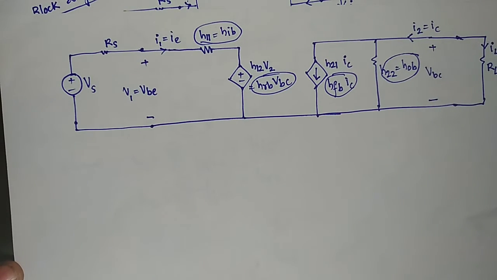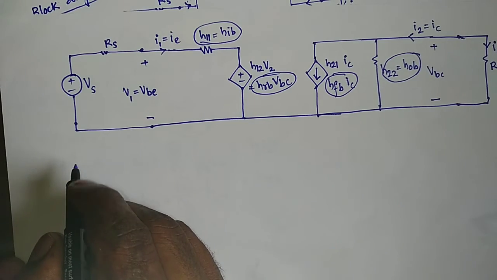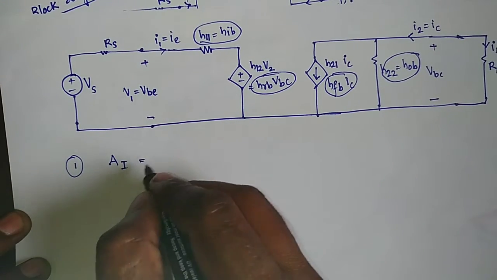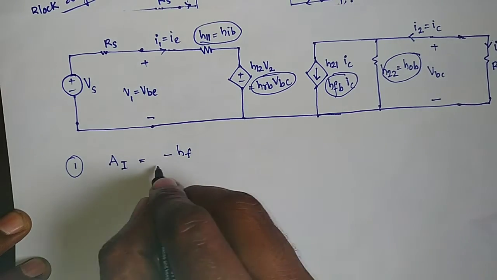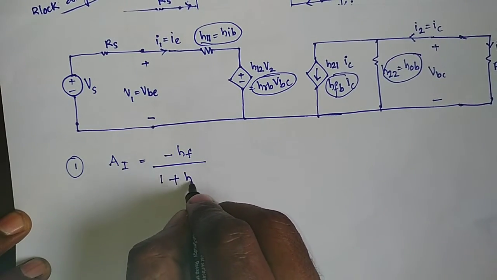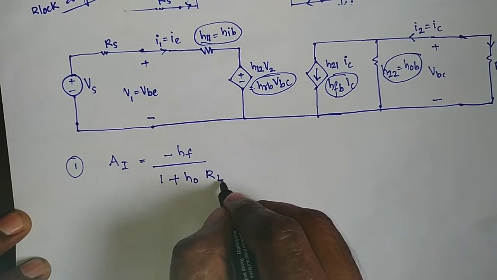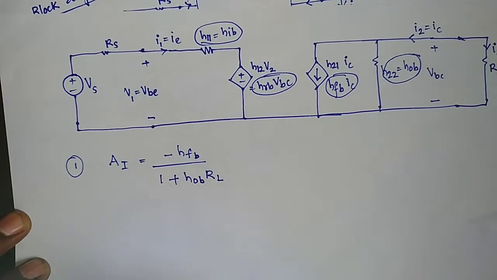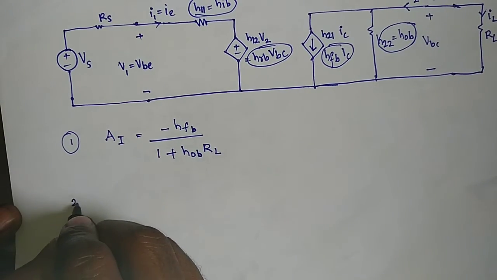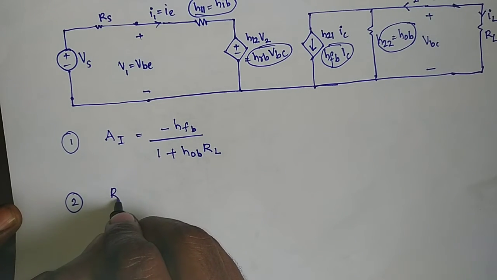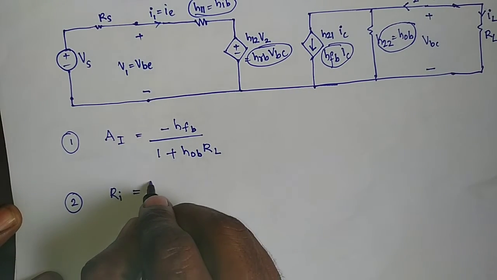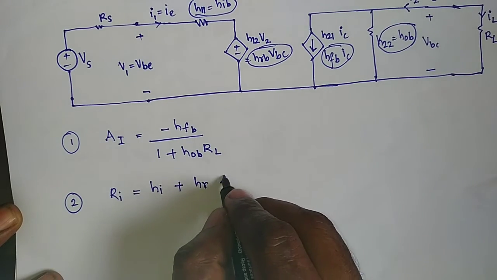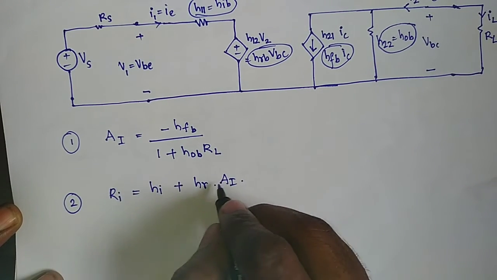We know the basic two-port network H parameters can be represented as follows. The current gain AI is equal to minus HF by 1 plus H0 into RL. Now in common base, that is HFB and H0B. The second one is input impedance RI, equal to HI plus HR AI into RL.